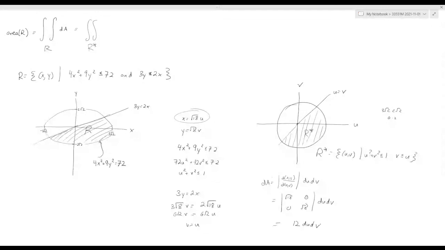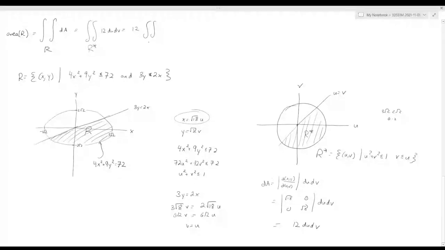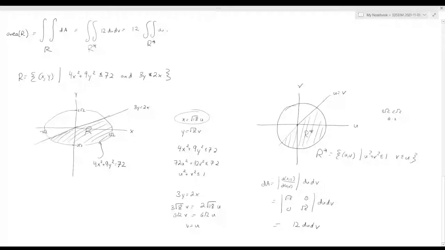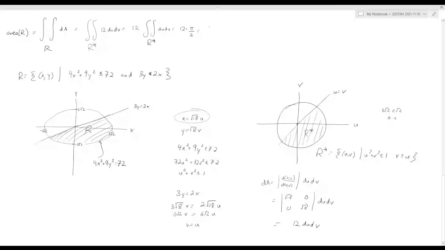All right, so then the dA in the new coordinates is 12 times du dv. And since we're integrating over half a unit disk, it should give us half the area of the unit circle. So pi radius squared all divided by 2. So 6 pi.